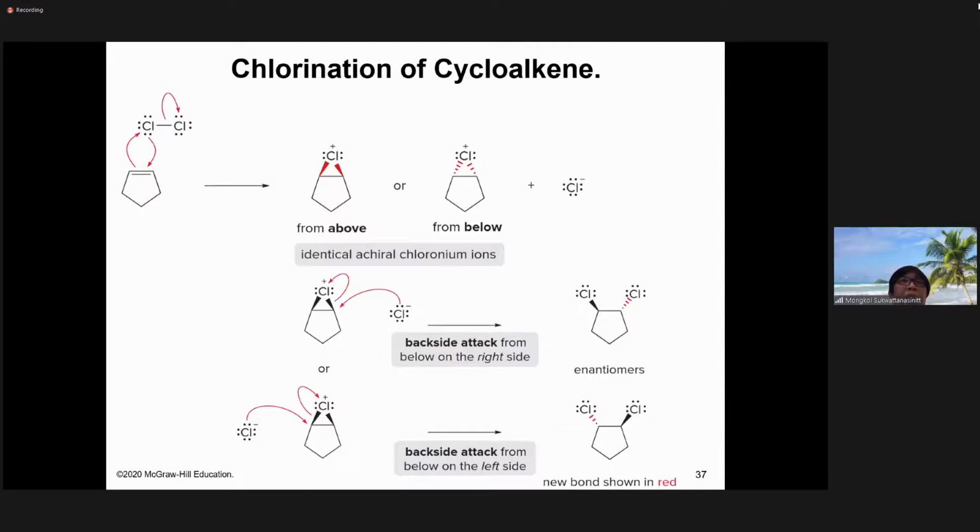Usually when they study syn and anti-addition, it's easier to use the cyclic alkene. It's easier to see, but it happens in both cyclic and acyclic compounds.